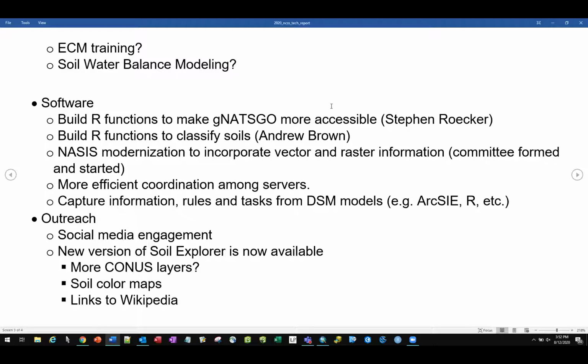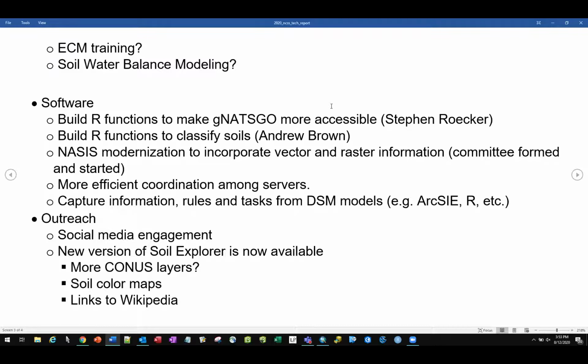And in this case, NASIS is not just the database, but the whole system of NASIS: Web Soil Survey, staging server, the NASIS database, the KSSL database, and all the other databases, and getting them either to coordinate, interact, or combine into a cohesive system that is easy to use and makes it available for people.